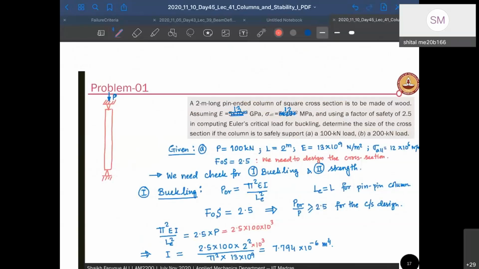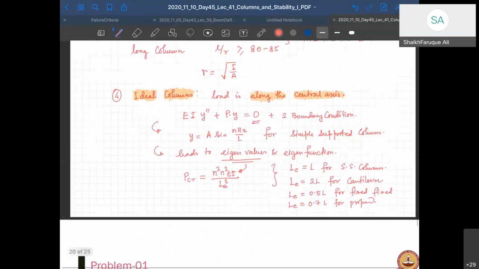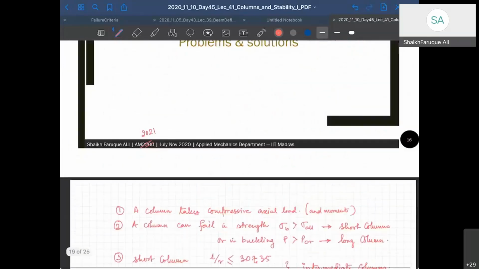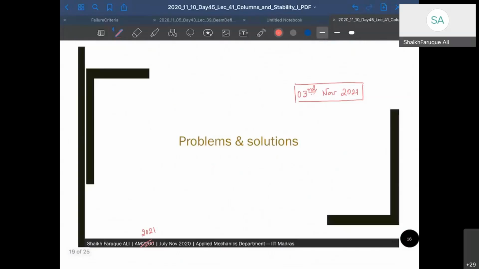You have to consider the area which gives you the lesser load. Now you check from the backside which one will give you the lesser load. Your PCR is pi square EI by L square, right? Your L is constant, pi is constant, E is constant.